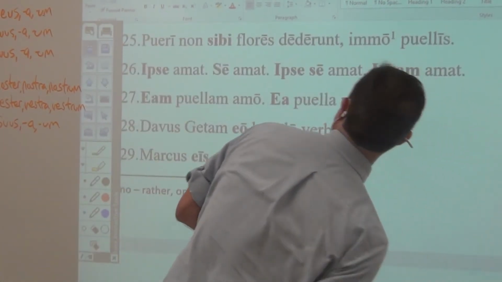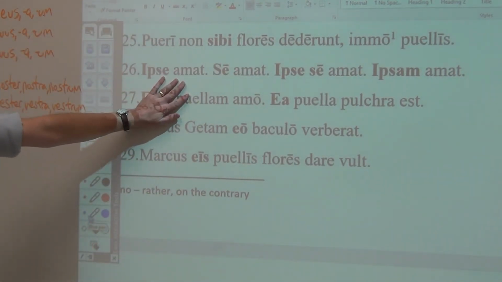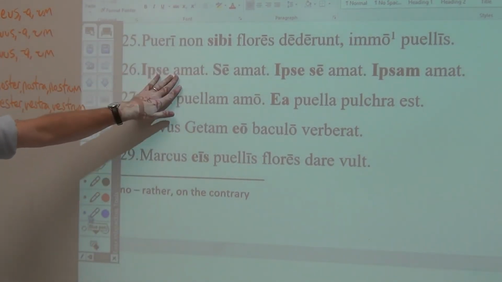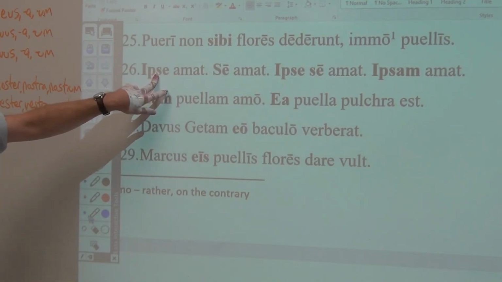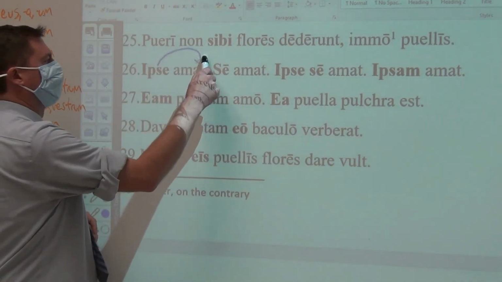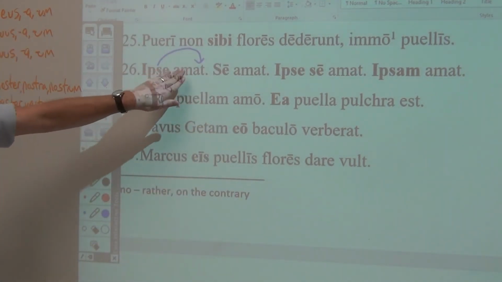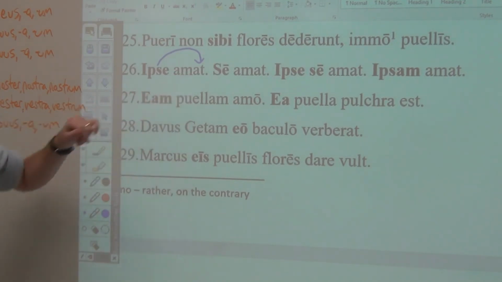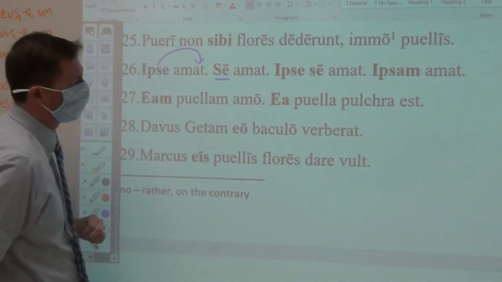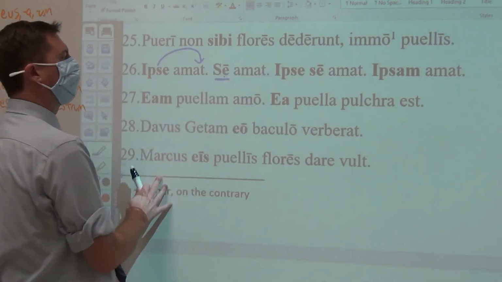And this is the difficult part. Students would look at ipse amat and translate, he loves himself. But no, ipse is nominative, modifying the subject, and so it's not saying he loves himself, but rather he himself does the loving. Se, on the other hand, is reflexive, and se does say he loves himself. There's a huge difference.